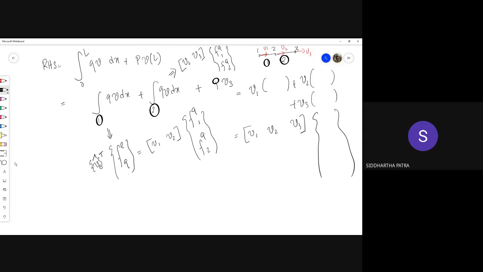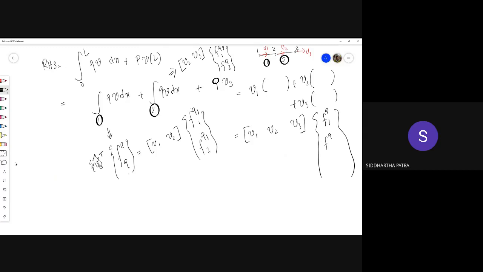Actually, this is very simple. It is going to be, as you can see, fq1. Sorry, I also need to mention the element number, right? So if q1 1, if q1 2, that's coming from the first element.